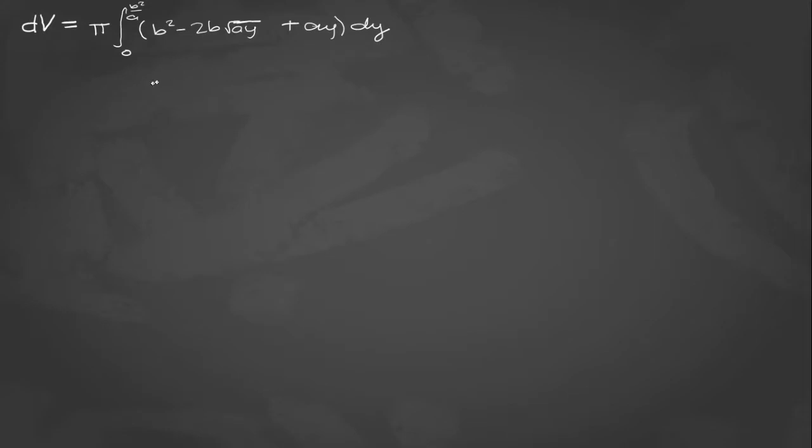Now, integrating each term, we have pi. The integral of b squared is b squared y, since it is a constant.